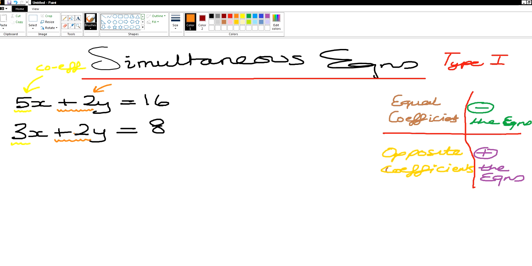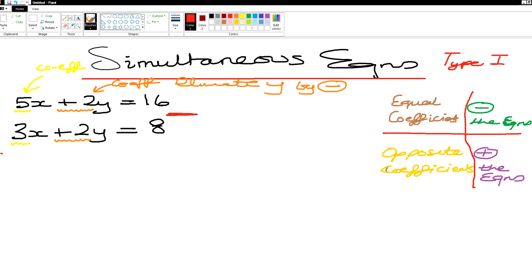Because plus 2 and plus 2 are the same, we can get rid of them by doing what? By minusing them. If two things are the same and you take them away, it gives you nothing. So what we decided in this question is we are going to eliminate the y by minusing.